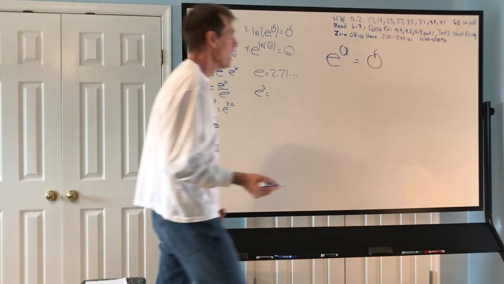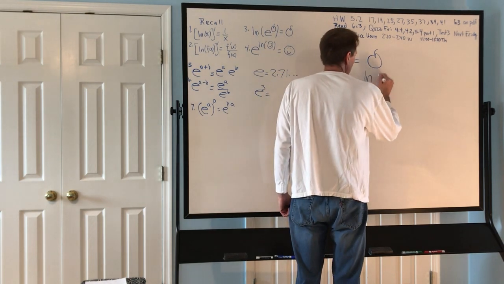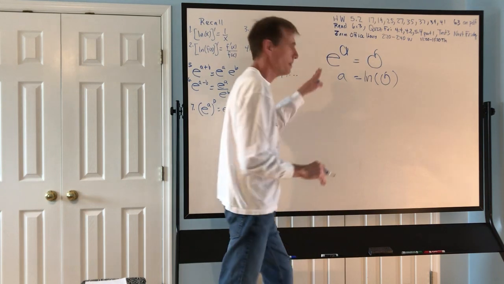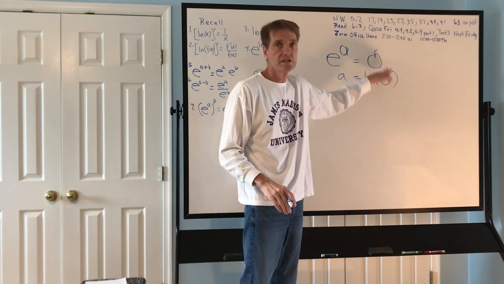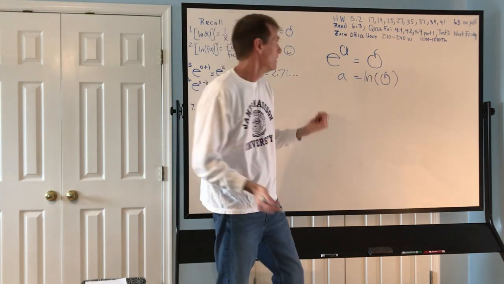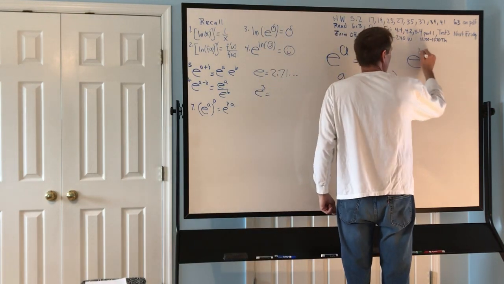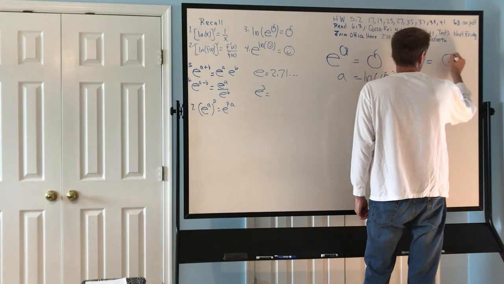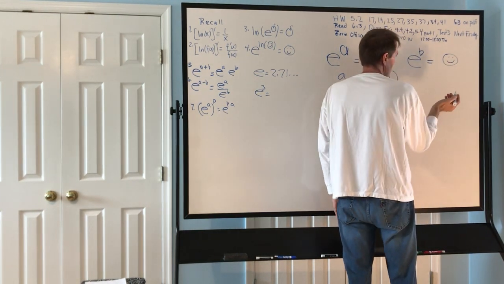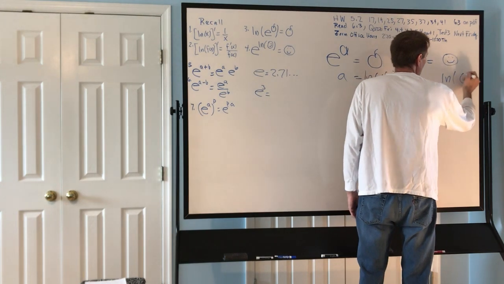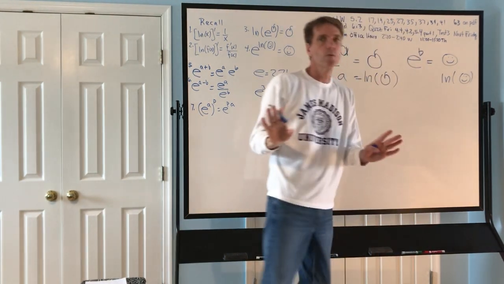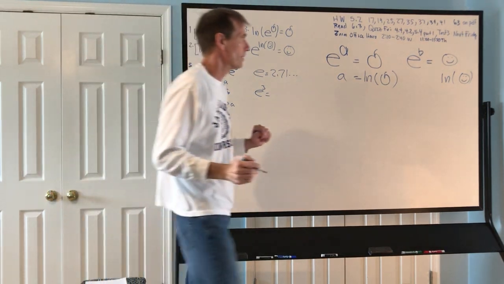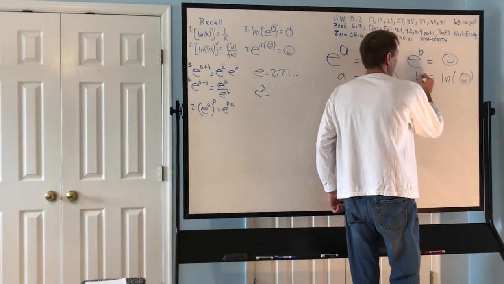Well, the natural log's job is to undo what the exponential function did, so the natural log would send this apple back to a. And similarly, if e sent b to a smiley face, the natural log would send smiley face back to where? Hopefully b.